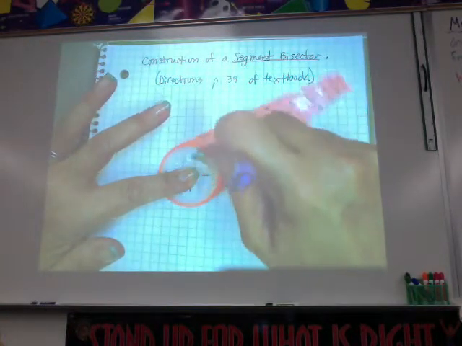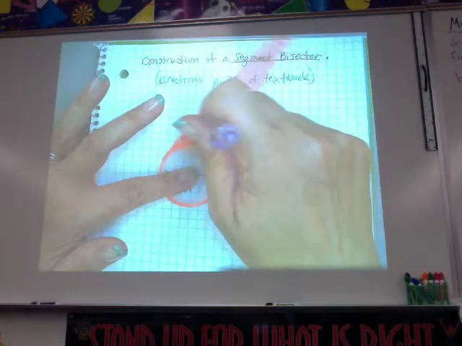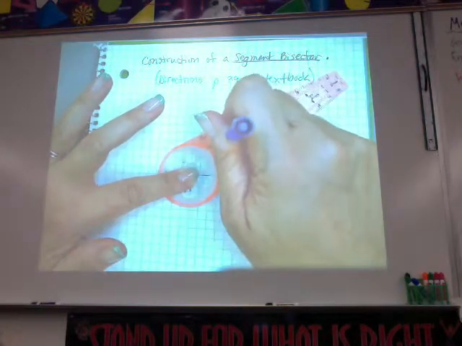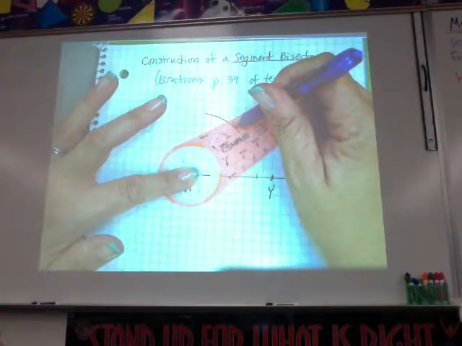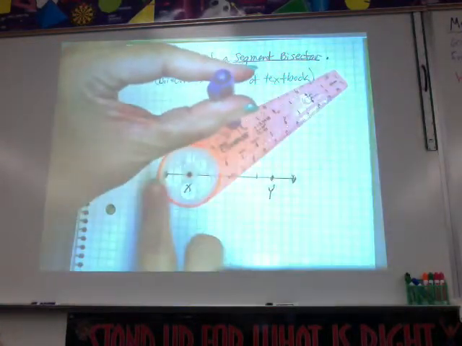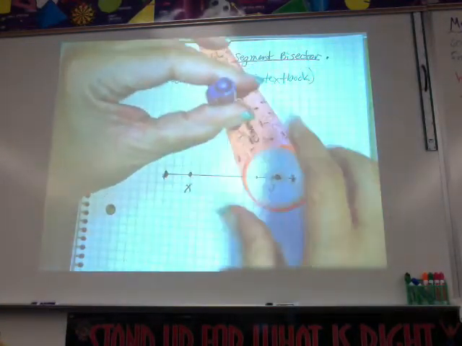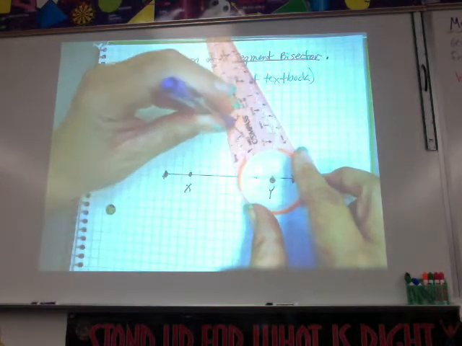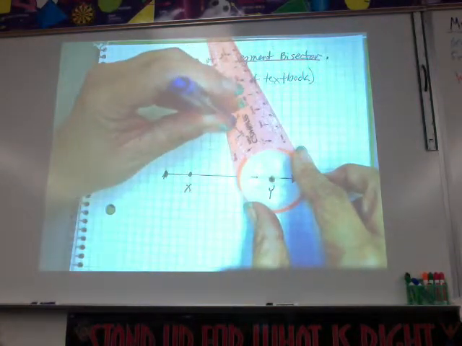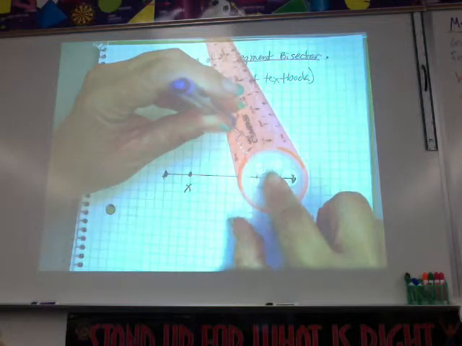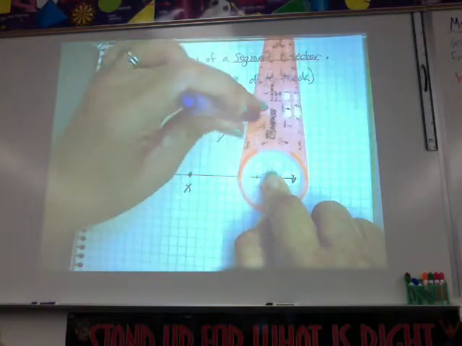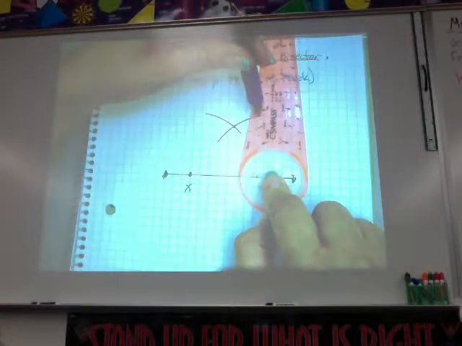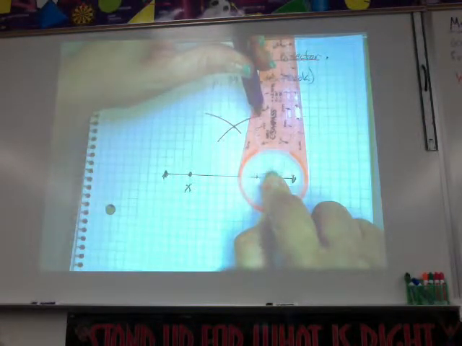Then I take this up and make an arc above, a pretty big arc. Then, keeping my pencil in the hole, or keeping the same width if you have the pointy compass, you need to put the pointy part or the brad now on Y. So your brad's on Y, hold on to the brad, and make another arc so it looks like it's making an X. Keep your pencil in that same hole.